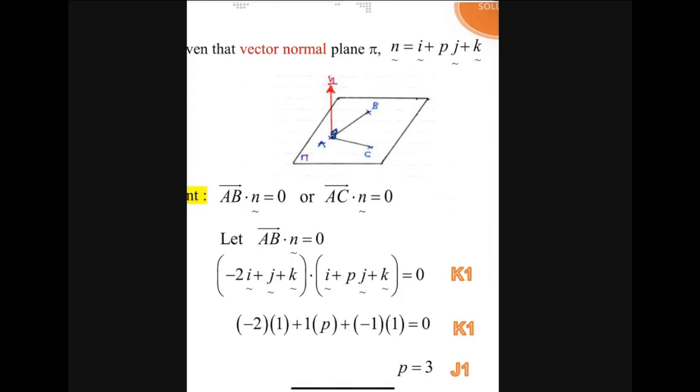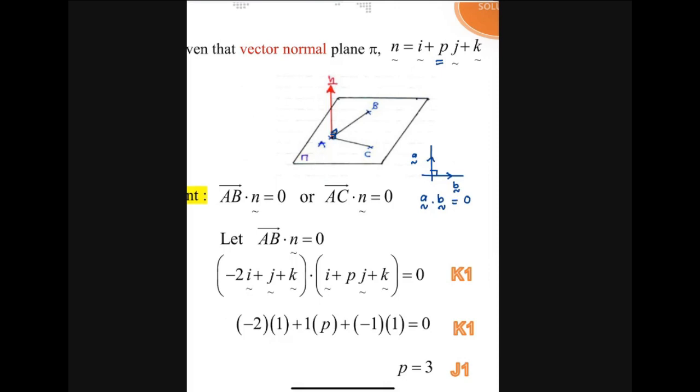Because if two vectors are perpendicular to each other, let's say in general I have vector A and vector B, if both are perpendicular to each other, then vector A dot vector B will give 0. So we have to use this concept in order to find the constant p in our normal vector.